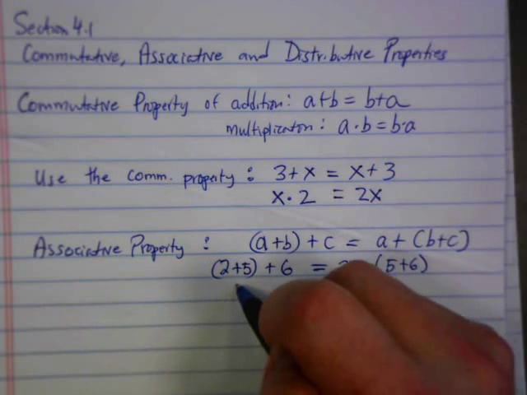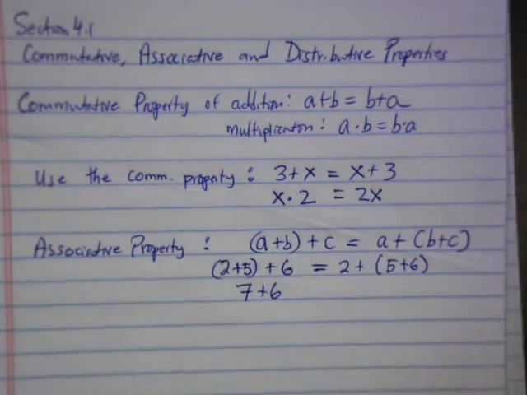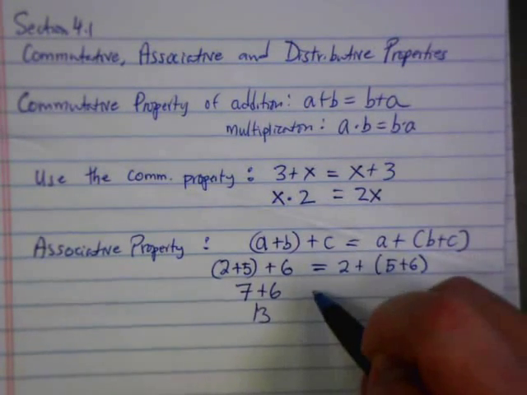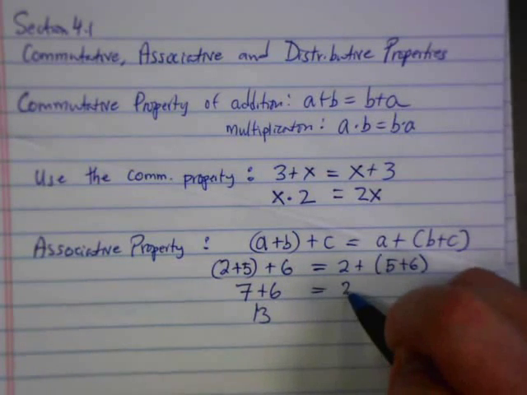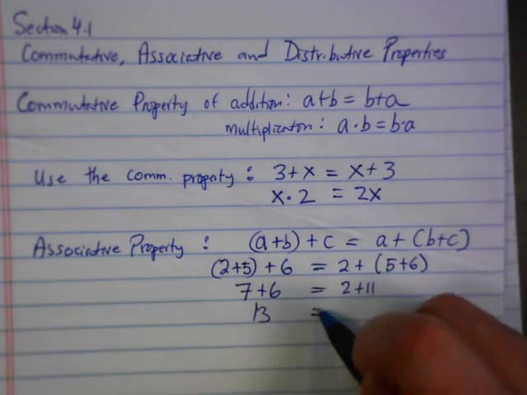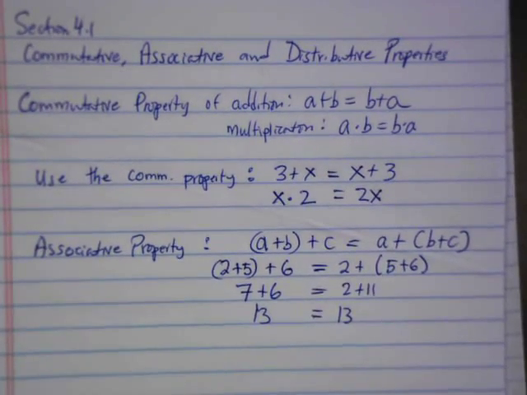So on the left-hand side, we would have 7 plus 6. 7 plus 6 is 13. Where on the right-hand side, because the parentheses are around the 5 plus 6, what do you have to do first? The 5 plus 6. So that's 2 plus 11. 2 plus 11 happens to be 13. So you can change parentheses and still get the same answer.